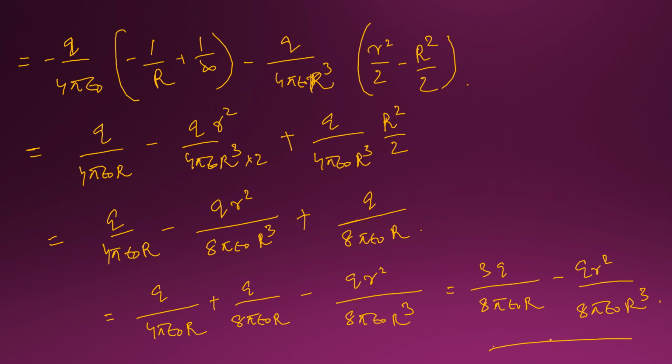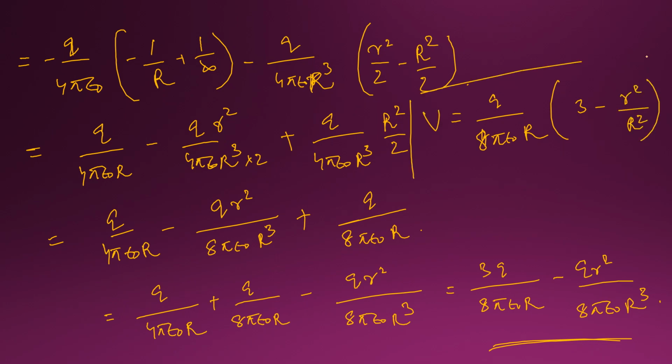Yeah, so that is the answer. If I take q by 8 pi epsilon naught r common, that will be 3 minus r square by r square. Yeah, so this is the total potential inside.